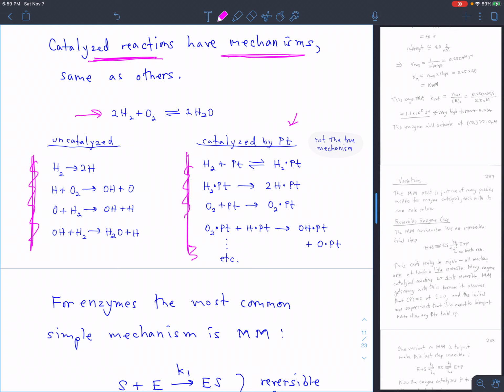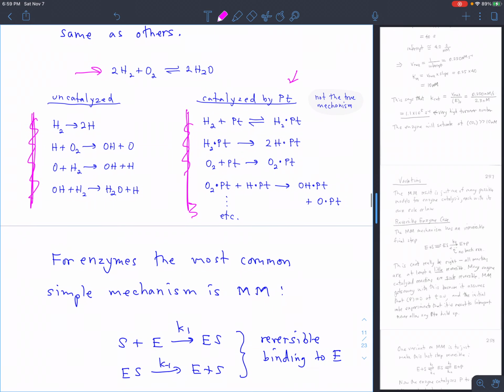So there are a lot more steps in the presence of a catalyst, of course, because the catalyst adds complexity to everything that's going on. And in principle, we could write rate equations for these mechanisms, and we could analyze how fast the reaction goes as a result of that mechanism and how it behaves in the presence of reactants and products.